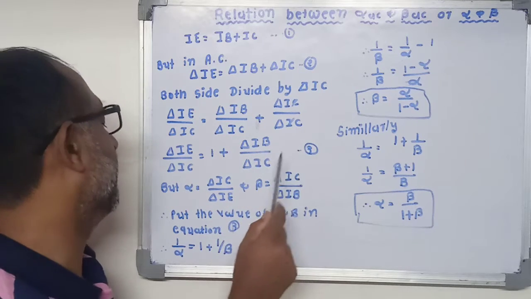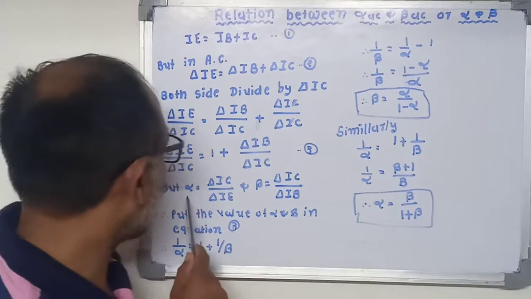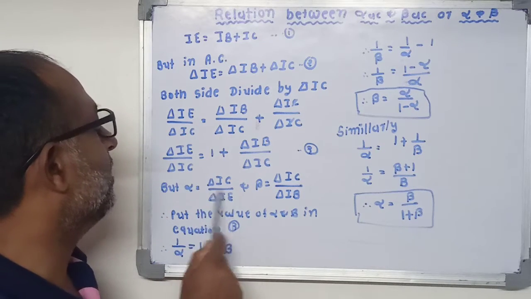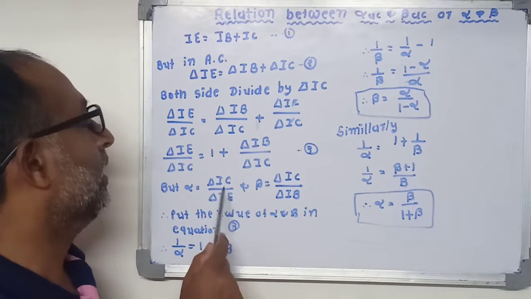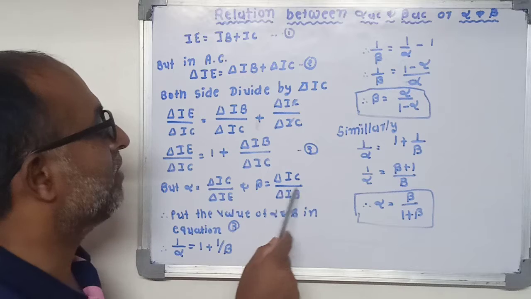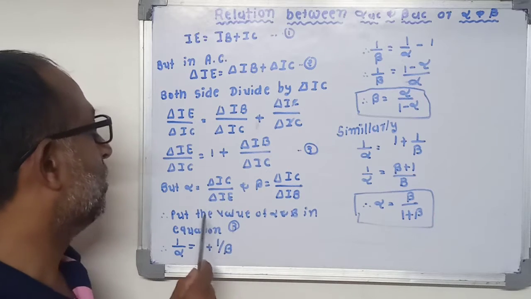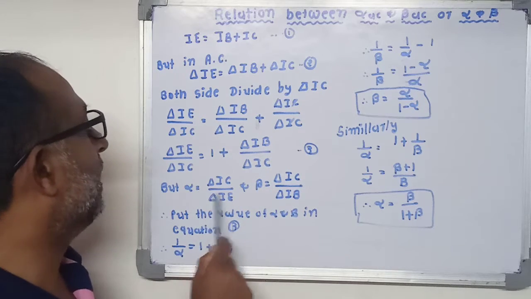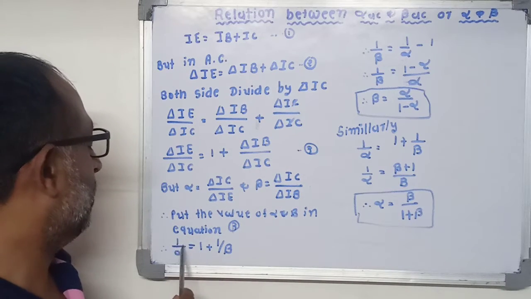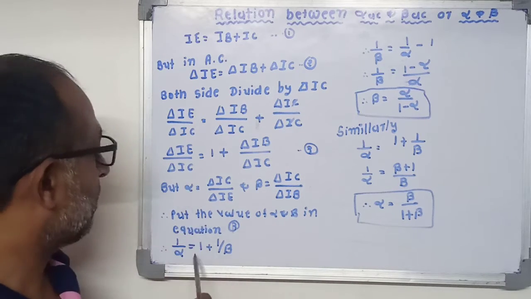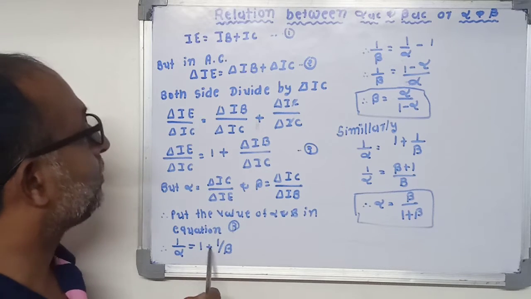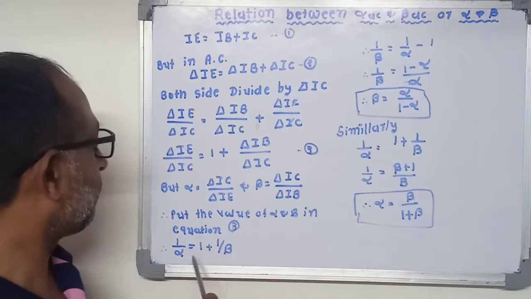Equation number 3. But already we know that alpha is equal to delta IC divided by delta IE and beta is equal to delta IC divided by delta IB. So just put the value of alpha and beta in equation number 3. So we get 1 upon alpha is equal to 1 plus 1 upon beta.